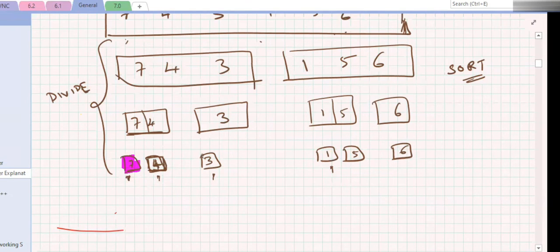So my question is, suppose your array has one element. Is that element already sorted? No, ma'am. Why do you think it's not sorted?